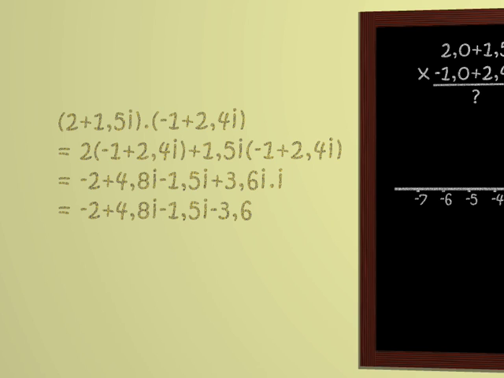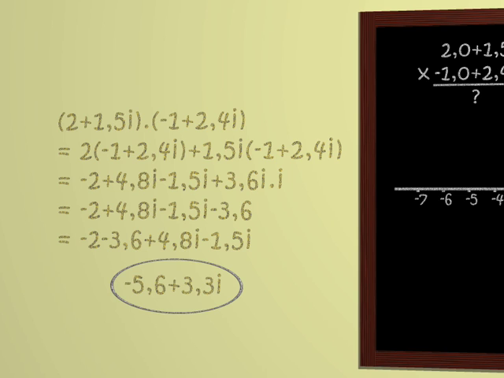And tidying up, that gives us -2 minus 3.6 plus 4.8i minus 2.5i, giving us in all minus 5.6 plus 3.3i.